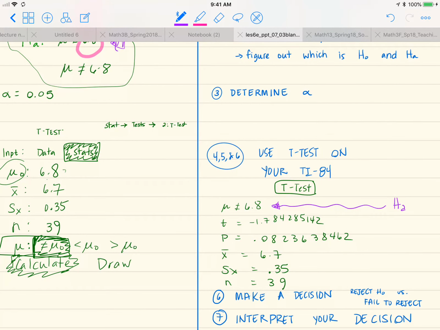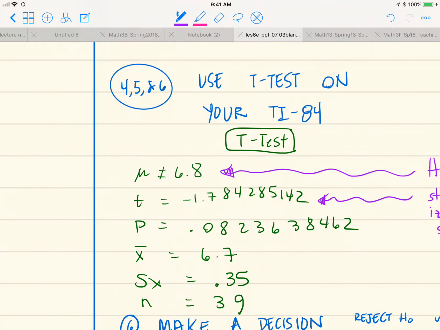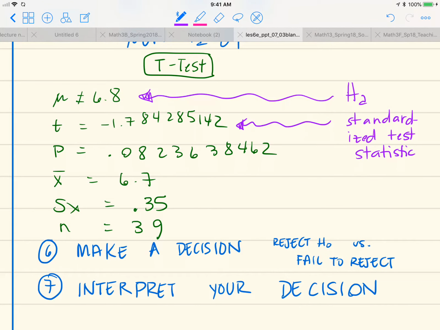This next line here is your standardized test statistic. Remember the formula for this is T equals X bar minus mu over S over square root of N. The calculator calculates and spits out the standardized test statistic.